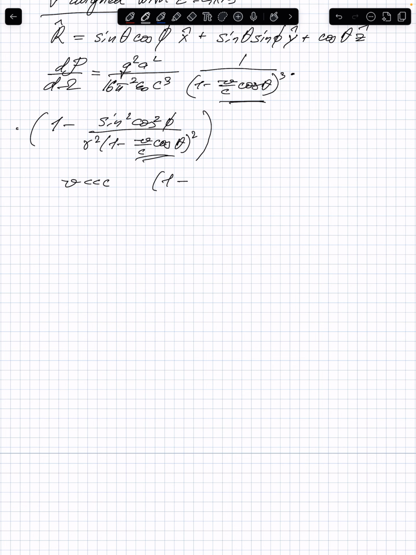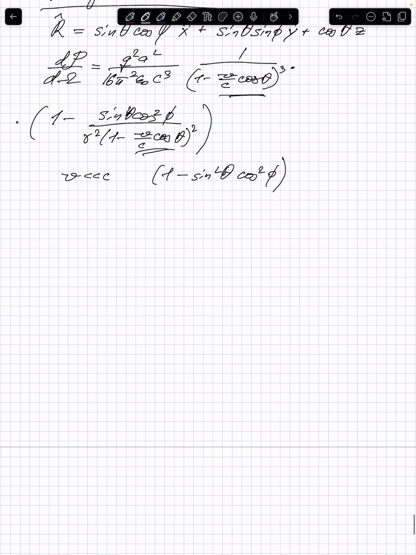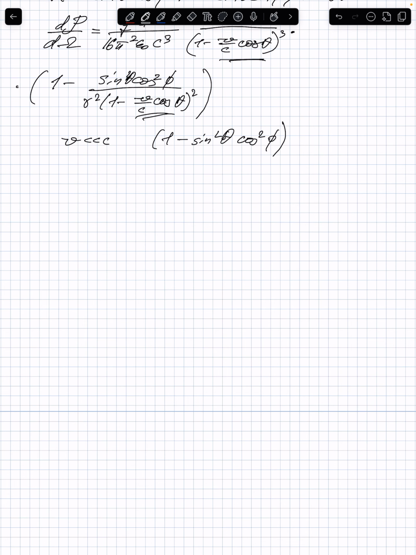You'll get 1 minus sine squared theta times cosine squared phi. Alright, in this limit, the radiation is referred to usually as cyclotron radiation.